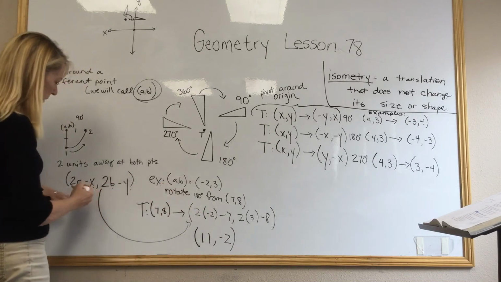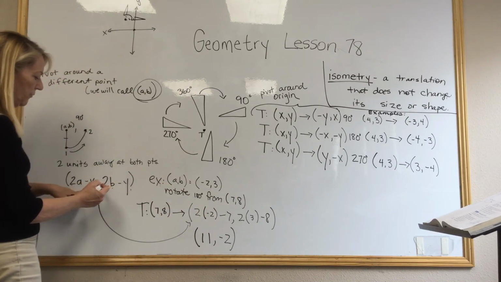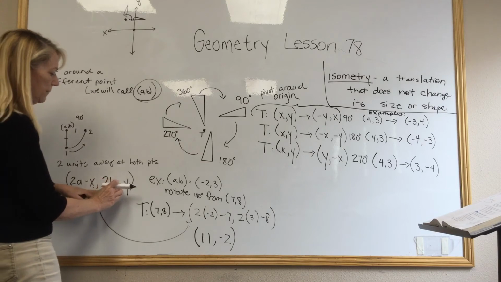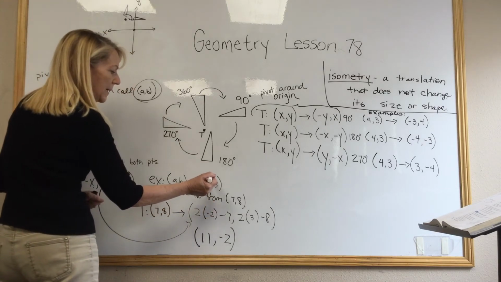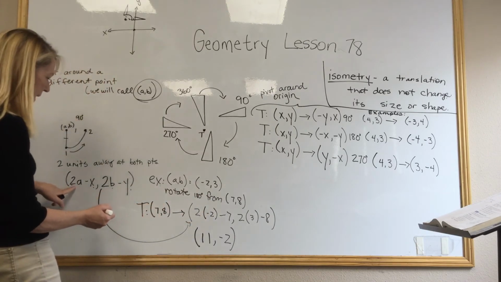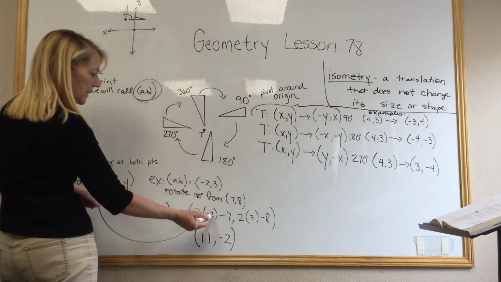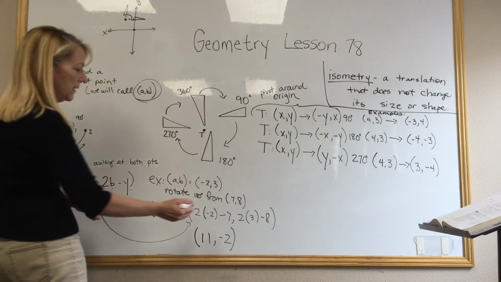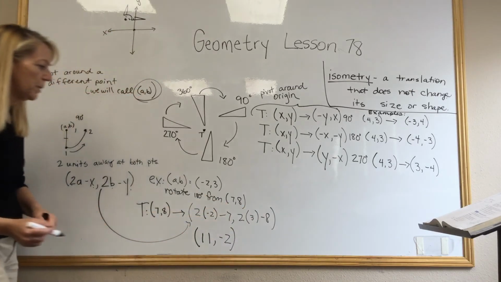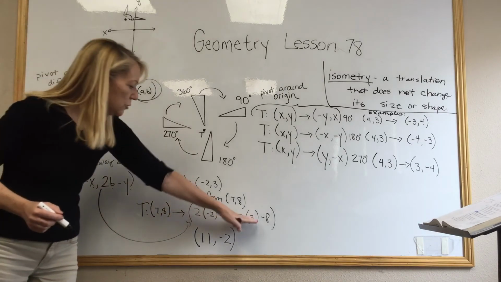I'm going to use this formula: 2A minus x for the first number, 2B minus y for the second number. I just plug in my A and B everywhere there was an A and a B. So 2 times negative 2 minus, then here's my starting point, 7, and 8. You just plug those numbers in and do the math.